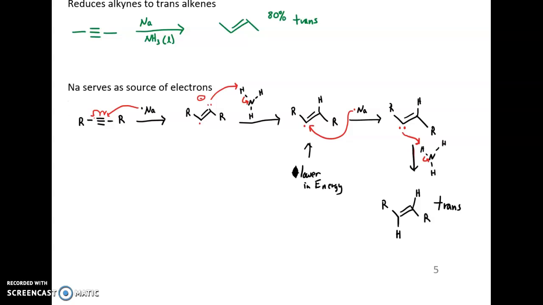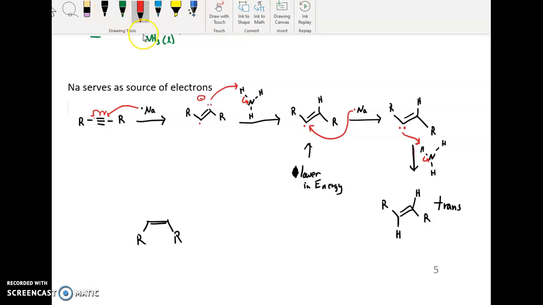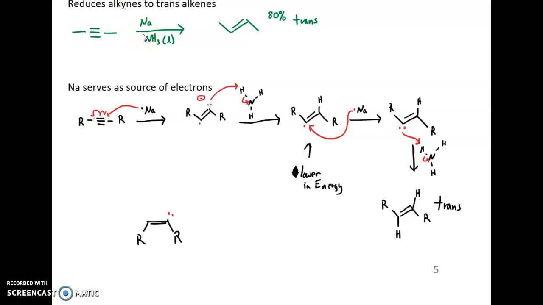If you try to make this form, where we've got 2 electrons here and 1 here, we get a lot of repulsion between the 2 groups. And so the trans form is favored.